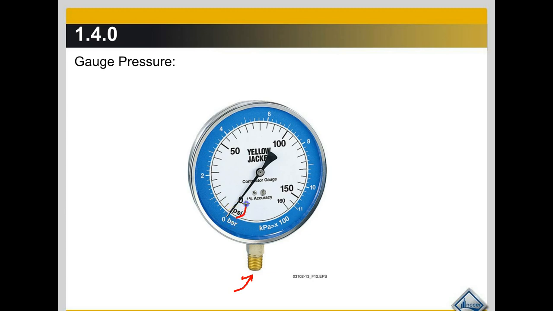So gauge pressure, we calibrate our gauges to 0 at atmospheric pressure because we want to measure the pressure inside of a closed system, where the atmosphere has no bearing on that pressure. Just remember, even though your gauge says 0 psi, it's because it's calibrated to compensate for that 14.7 pounds per square inch of atmospheric pressure pushing down on top of it.